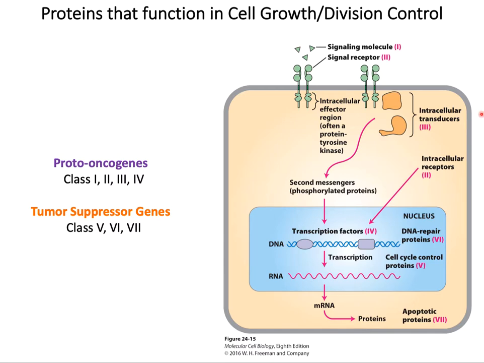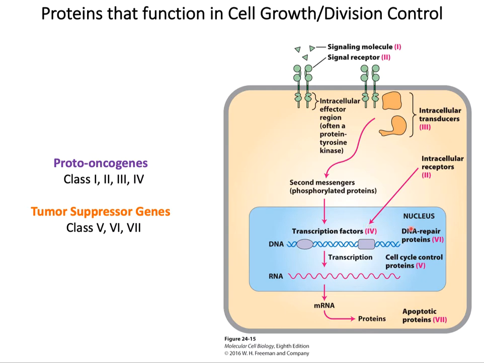RAS, RAF, MEK kinase, MAP kinase are examples of intracellular transducers that we have already talked about. And also considered as class 2 are the intracellular receptors, and these are the receptors for hydrophobic signaling molecules, unlike the cell surface receptors, which are for hydrophilic signaling molecules. And then you have the transcription factors, which are grouped as class 4. So those are the proto-oncogenes.